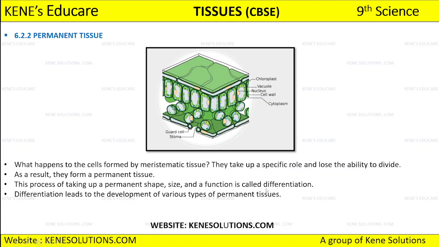Differentiation process. And once we have this differentiation, it is going to lead to development of various types of permanent tissues. Differentiation leads to what? Differentiation leads to development of various types of permanent tissue.